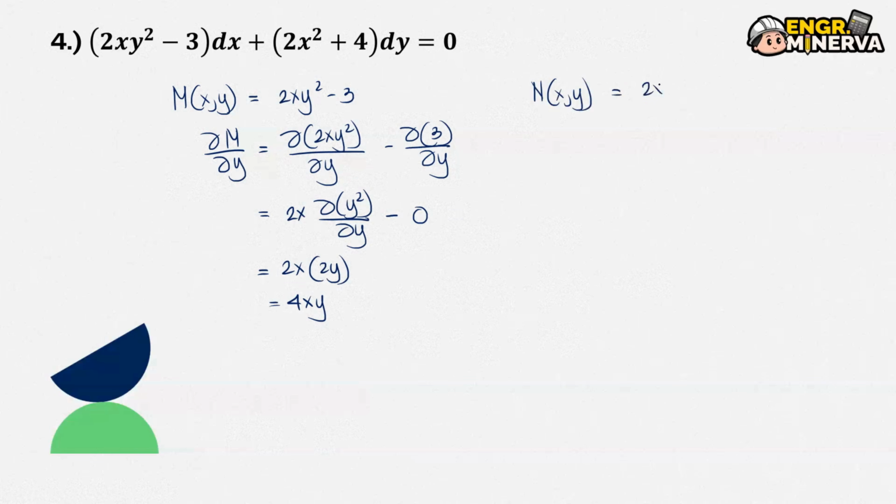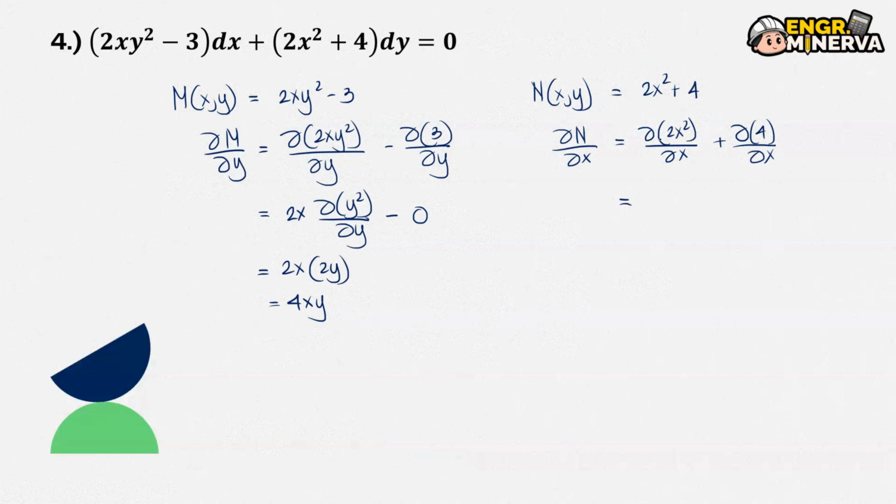Next, for our N, that would be 2x squared plus 4. We derive our N with respect to x. That would be the derivative of 2x squared with respect to x plus the derivative of 4 with respect to x.